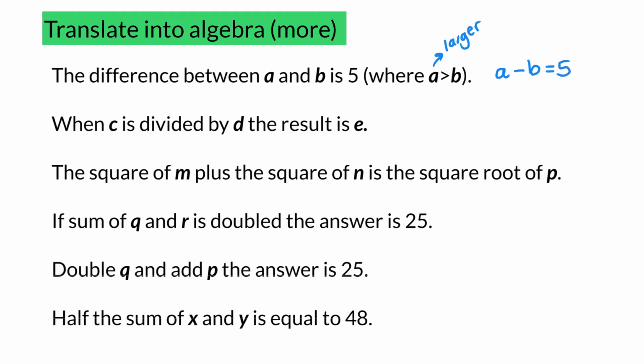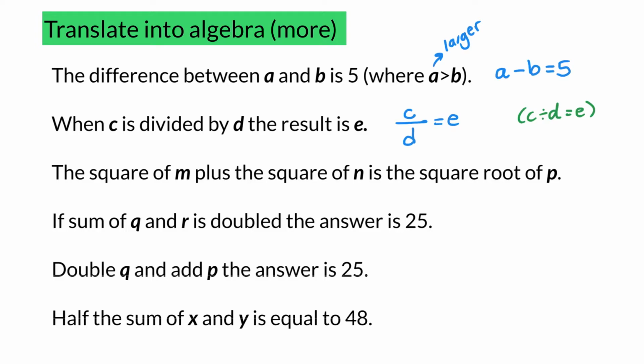The next sentence says, when C is divided by D, the result is E. Now in algebra, we show division as a fraction. It wouldn't be incorrect if you said C divided by D is E, but the convention is normally to write division in algebra as a fraction.